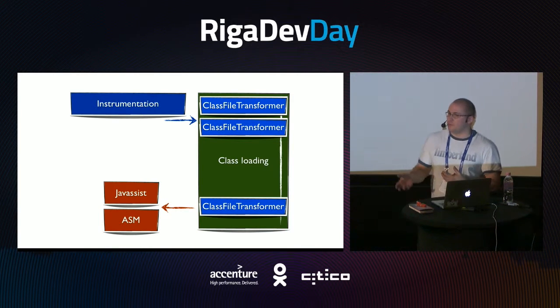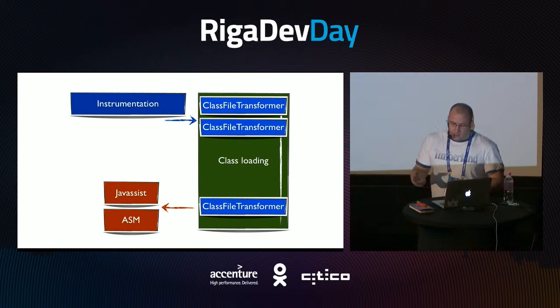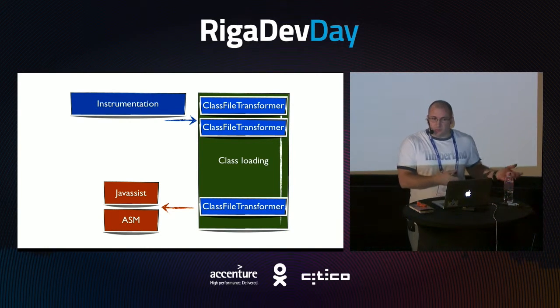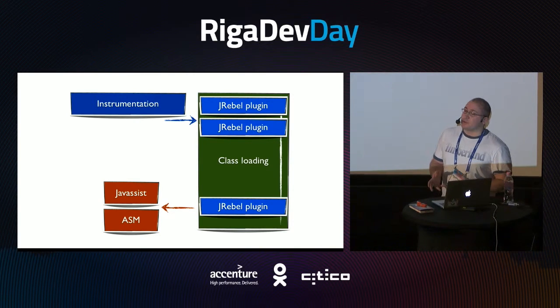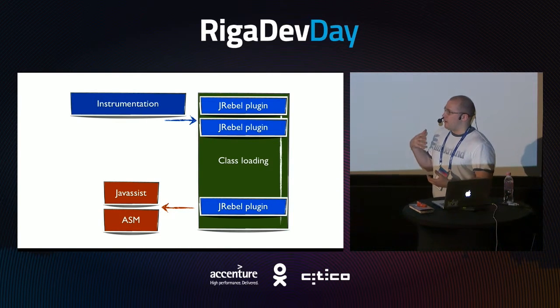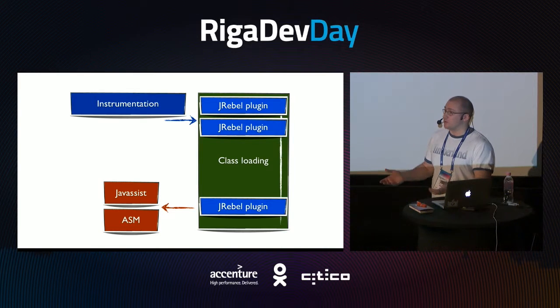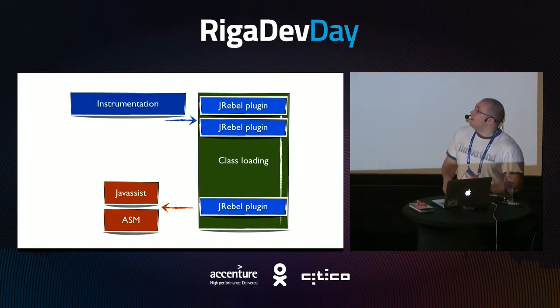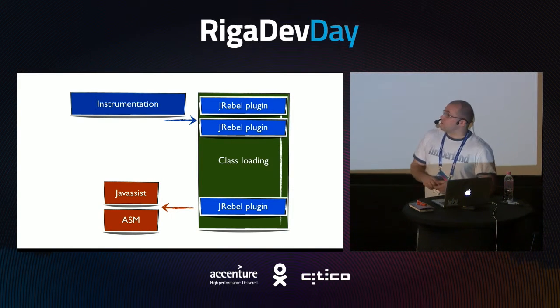And in those transformers, you may apply all kinds of libraries that you want for transformation, or maybe you want to do something else. And this is how JRebel plugins are structured. Every plugin registers a set of transformers for a framework. Let's say for Spring Framework, there are around 100 transformers that instrument your application, and those are using Javassist there.